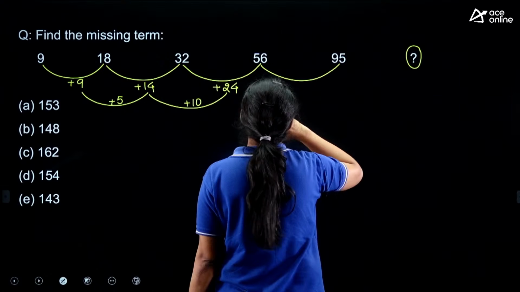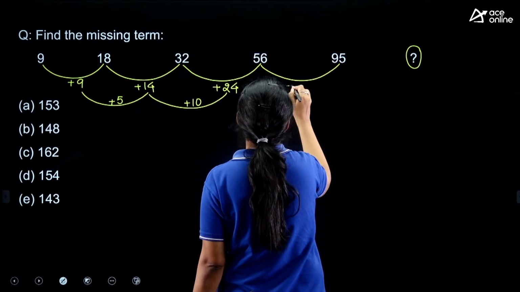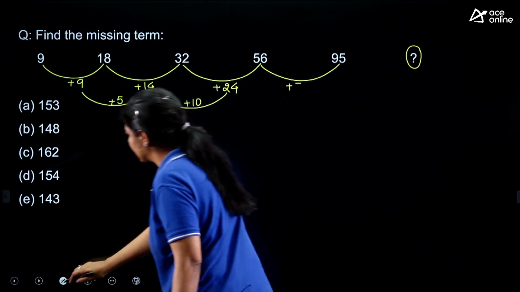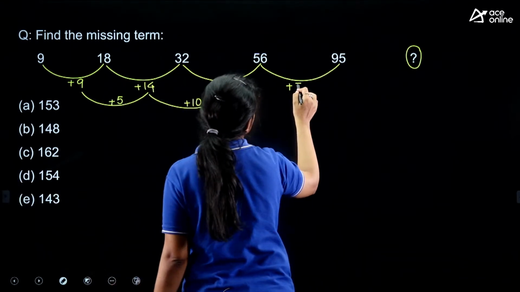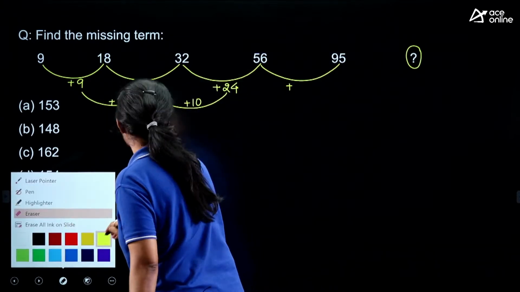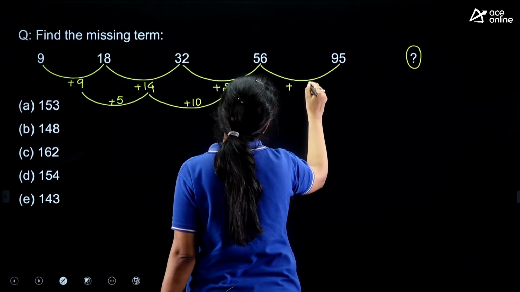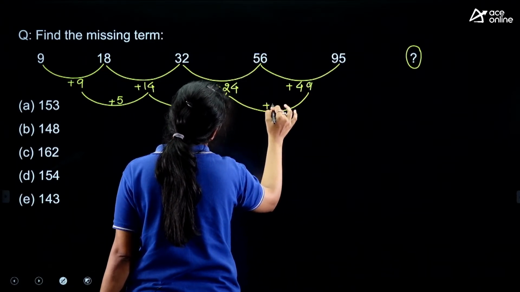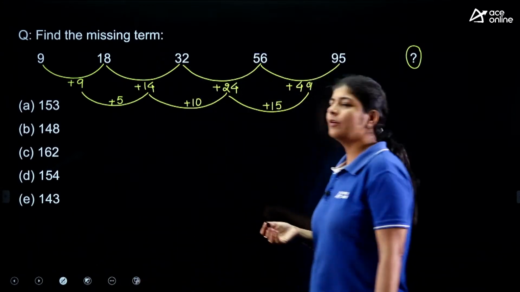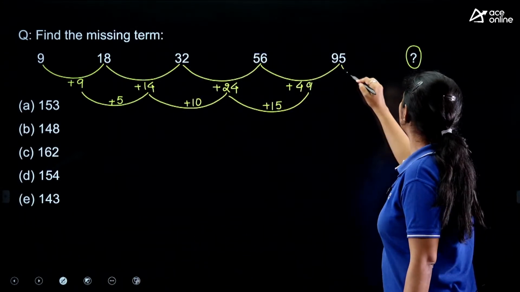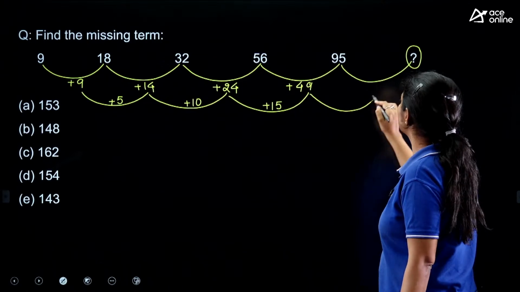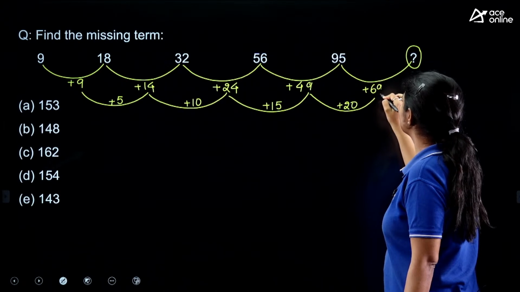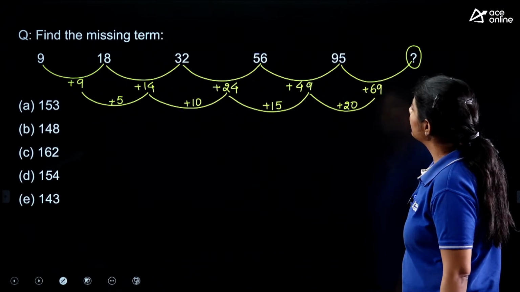Here the difference that we got is 49, I guess. Yes, 49. And the difference over here is 15, right? So the pattern is very clear. If we want to figure out this particular term, first we need to add plus 20 to it.